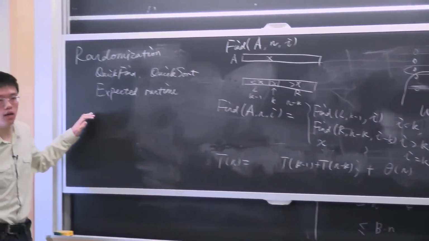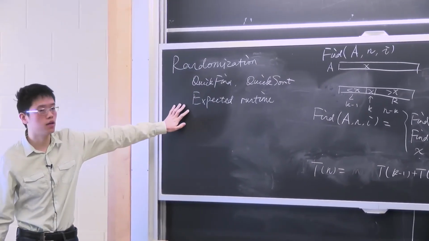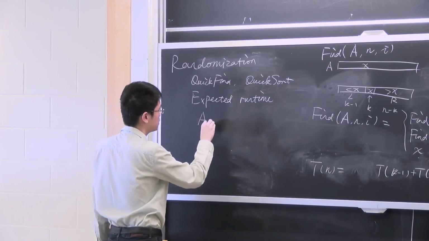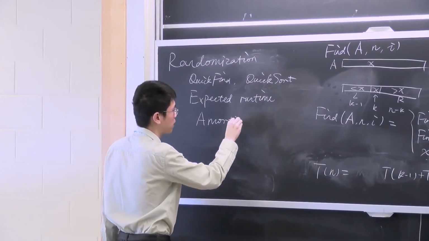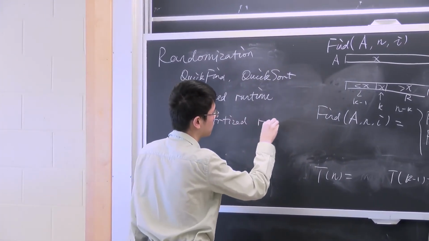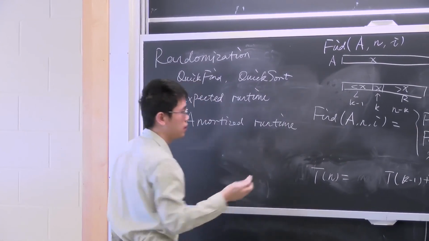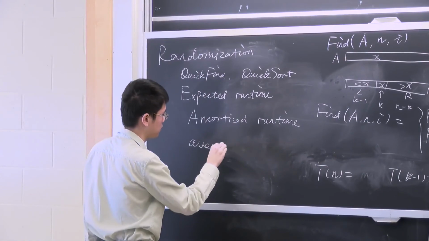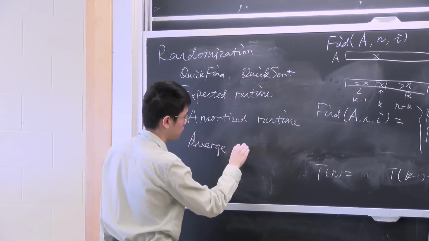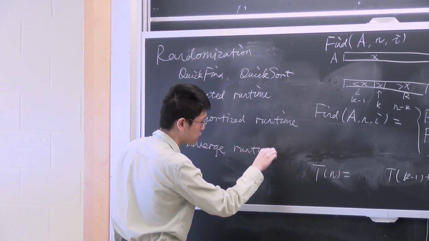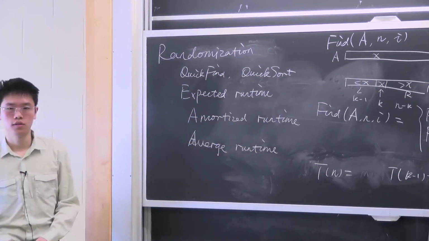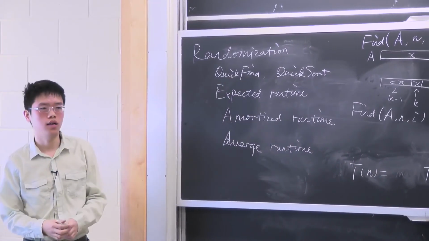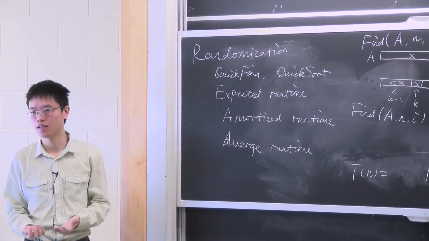In this recitation, we focused on expected runtime. And you have already seen amortized runtime. Or you may have heard of average runtime. So to be honest, expected and amortized are just two fancier ways of saying average.